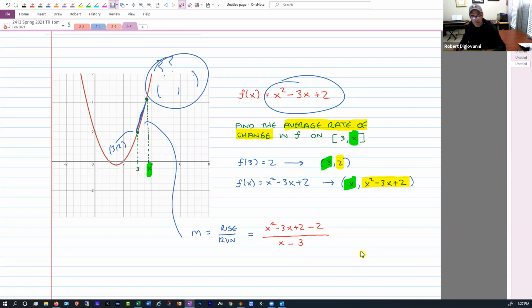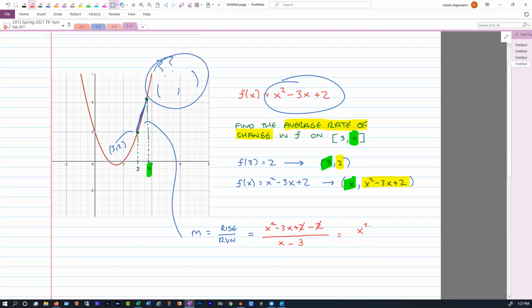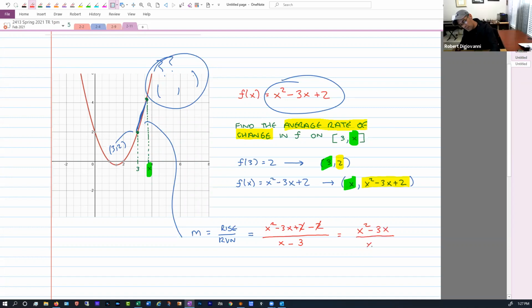Let's clean this up algebraically. These twos cancel. So here's what we're left with: x squared minus 3x over x minus 3. Let's try to wrap our heads around what we just did.